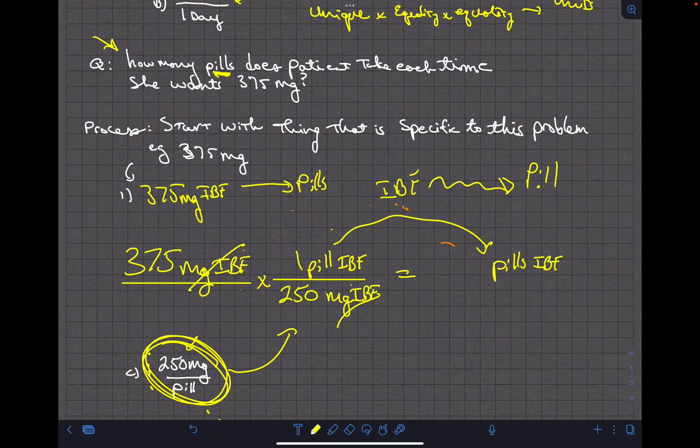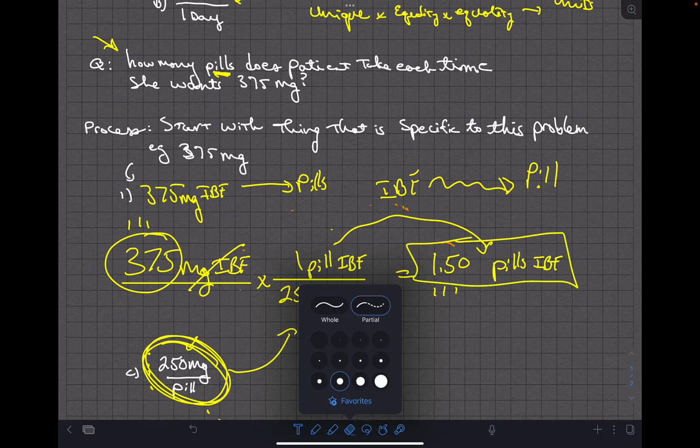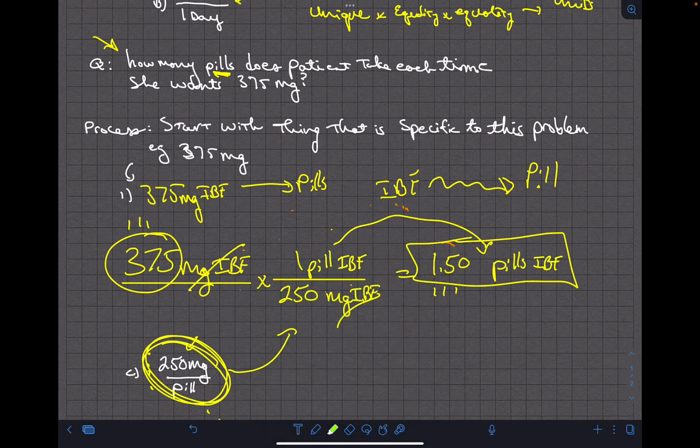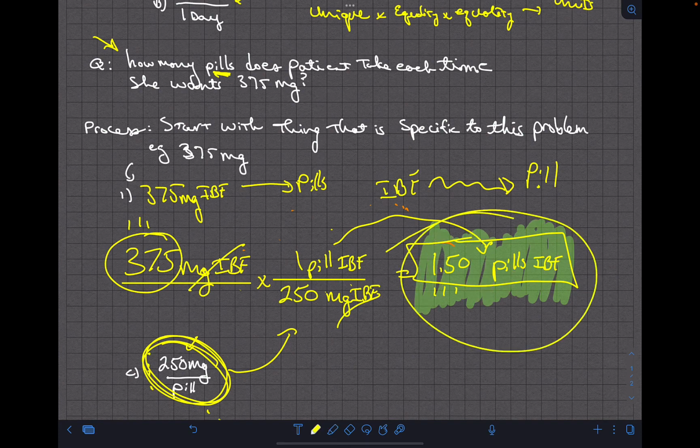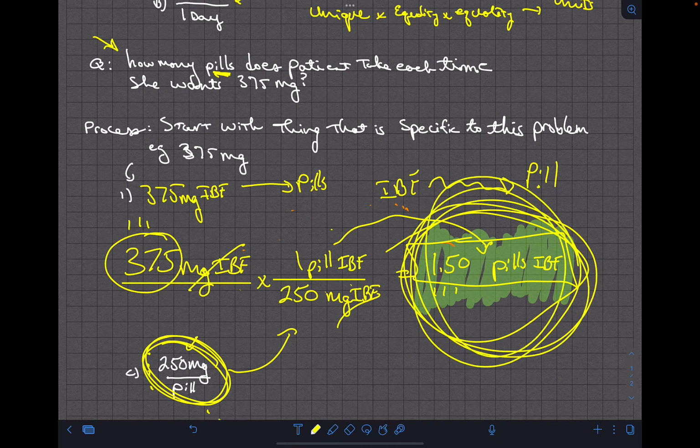And then if we do our fancy math here, we can say 375 divided by 250 equals 1.5. Well, we get three significant figures because there's 1, 2, 3, so we put 1.50 pills of ibuprofen. And then I'll use a highlighter and highlight this so you can see that the answer is 1.5 pills of ibuprofen.